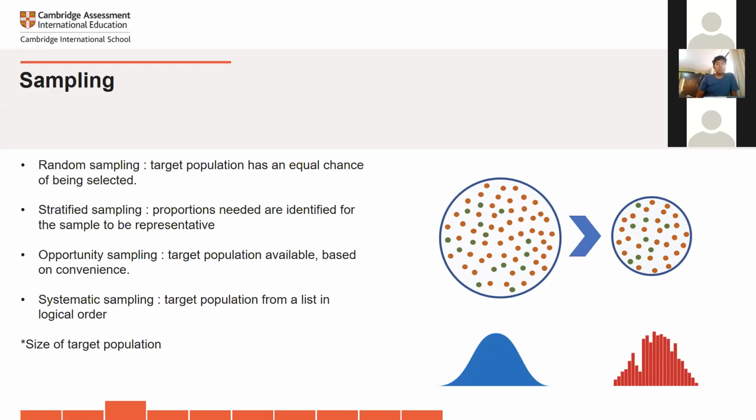Okay, we have also the opportunity sampling, which in some cases is convenient. But the results are not very reliable, because anyone who is available, anyone who can, and everyone who is willing to do the experiment is going to take it.